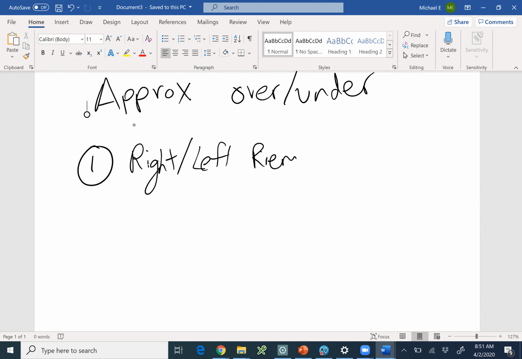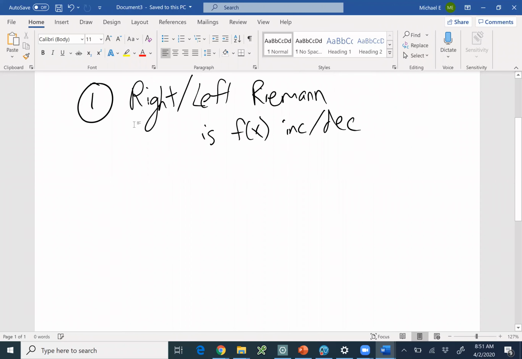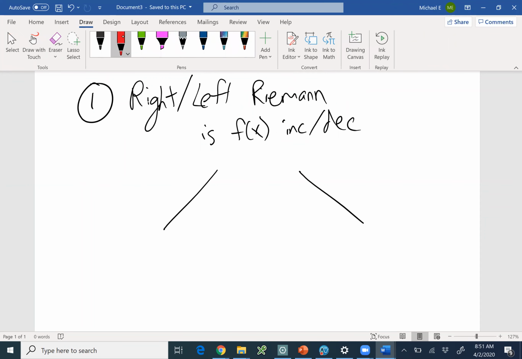it really depends on is f of x increasing or decreasing. And I know I've shown you guys this a lot of times. I don't worry about memorizing these. I just go ahead and draw an increasing function. And if I make a rectangle from the right, then RRAM is over.